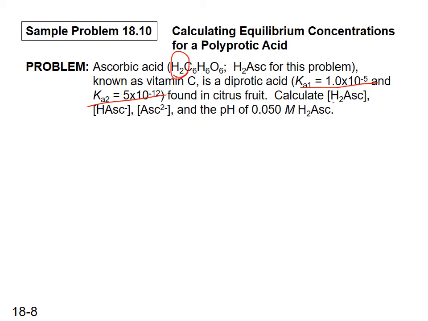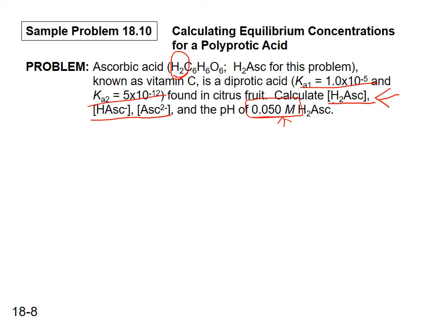Calculate the acid concentration and the anions generated by the acid dissociation reaction, and the pH of 0.05 molarity. So this concentration is the initial concentration. We want to calculate at equilibrium what is the concentration for the acid and the anions.